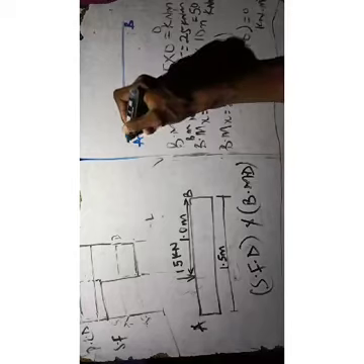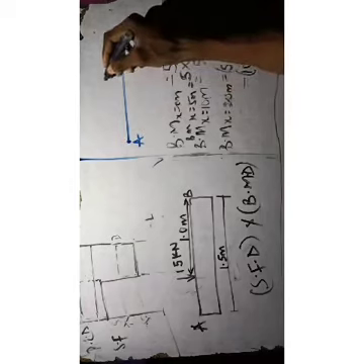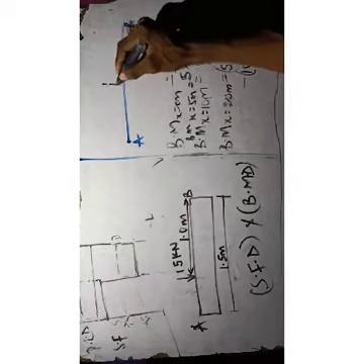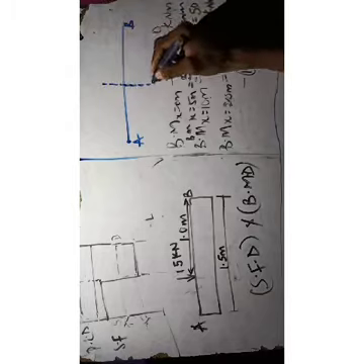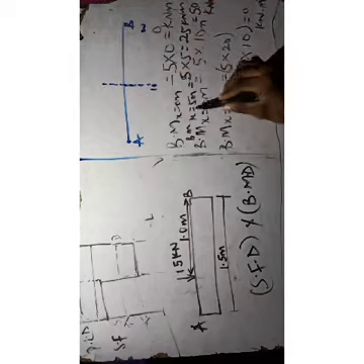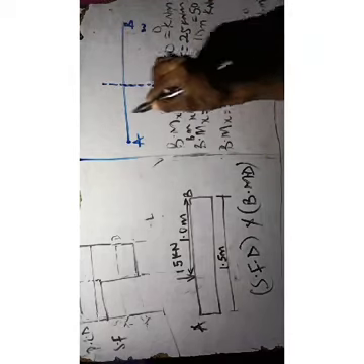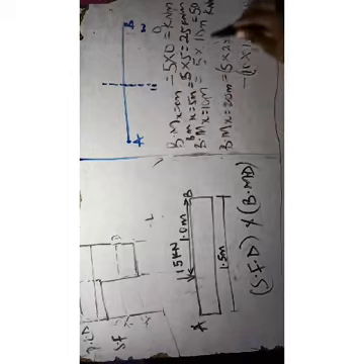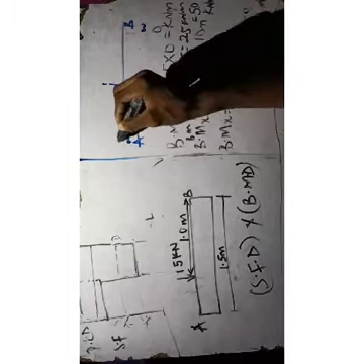So at point A, the bending moment is 0, right? 0 kilonewton. And when it gets to x equals 5, so here is the 10 meter, and here is 20. Say x equals 10 meter, the distance was 50, so you count 50.